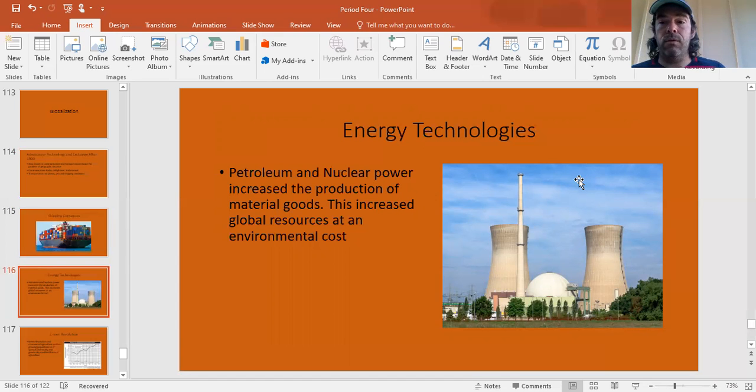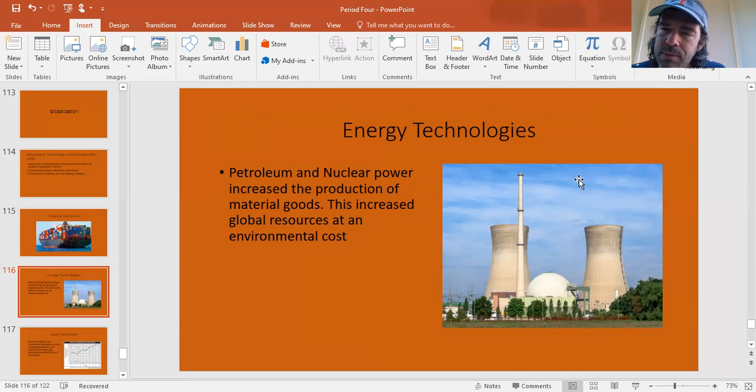But in period two, we said, hey, oil is used for the first time, electricity is used for the first time. Now we're in the age of nuclear power and nuclear power plants, where these power plants using nuclear energy can produce such an enormous amount of energy to create electricity from these huge urban areas.